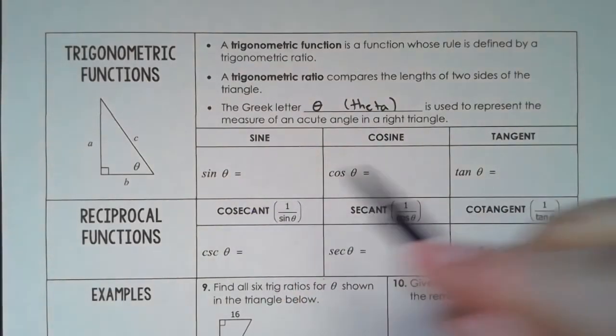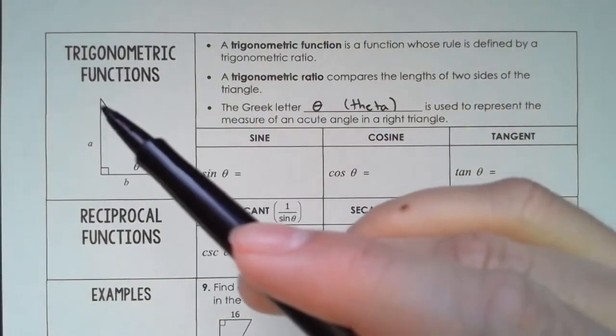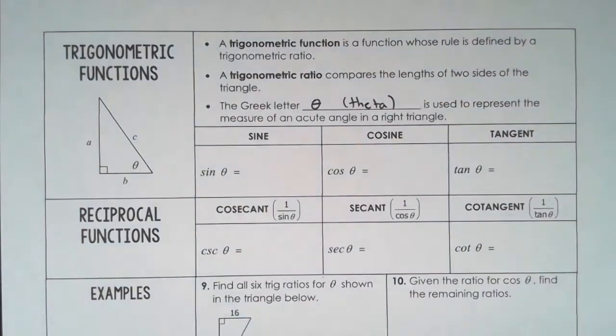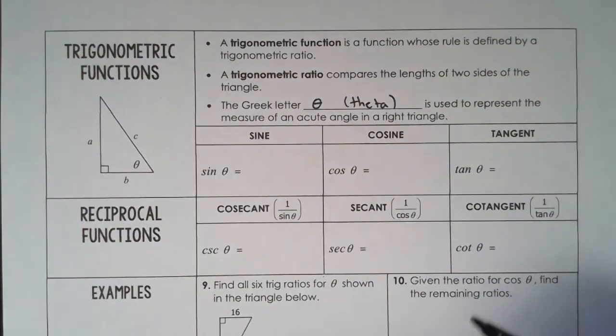So what we have here is our ABC triangle. It's a right triangle, and theta is denoted here. It's SOHCAHTOA.